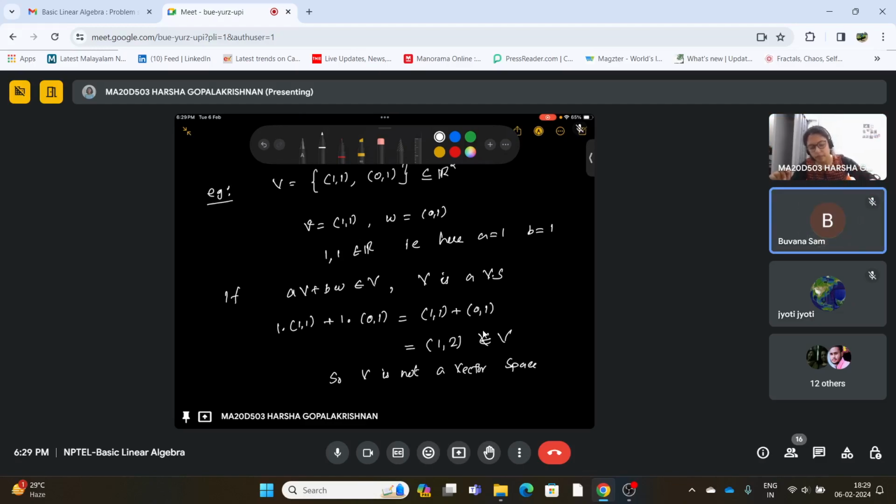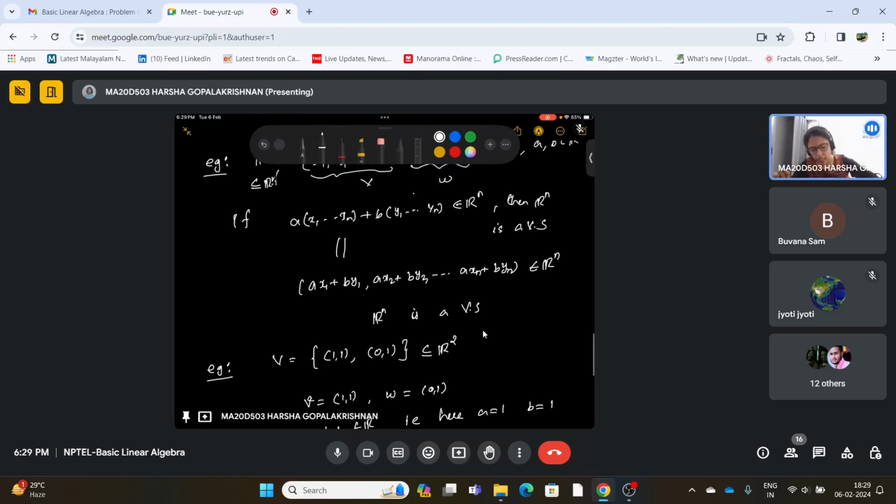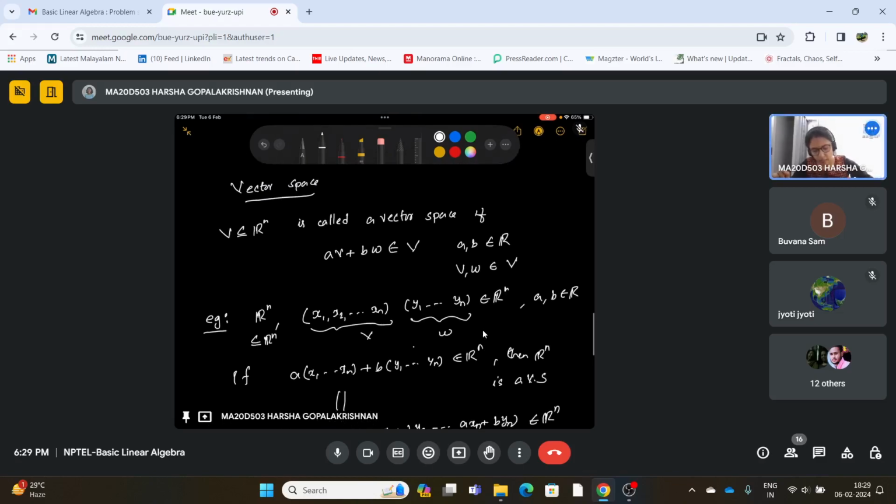Okay, so what a vector space means: a subset of Rn. We are dealing with only subsets, so we just need to consider this condition now. A subset V of Rn is called a vector space if some conditions are satisfied.